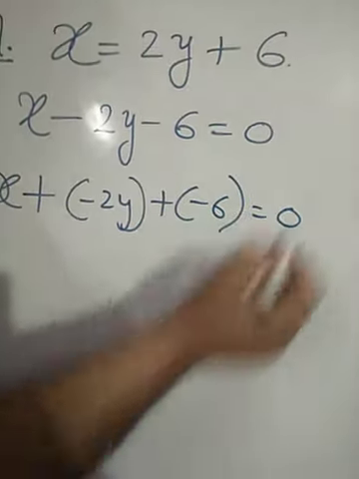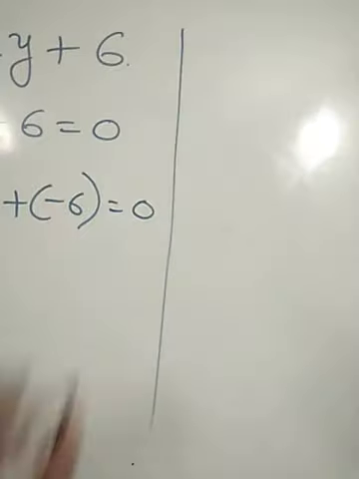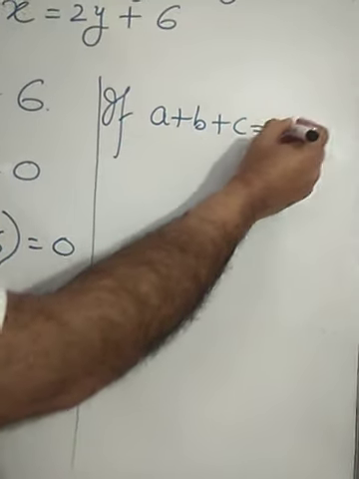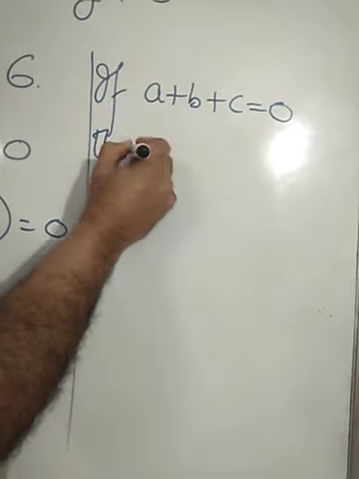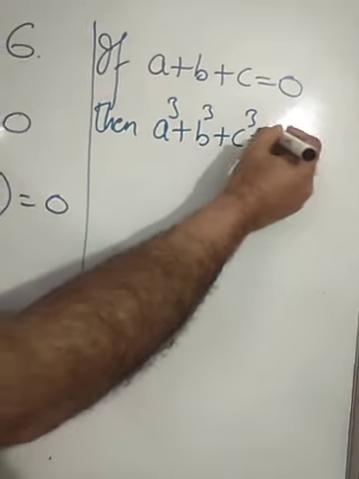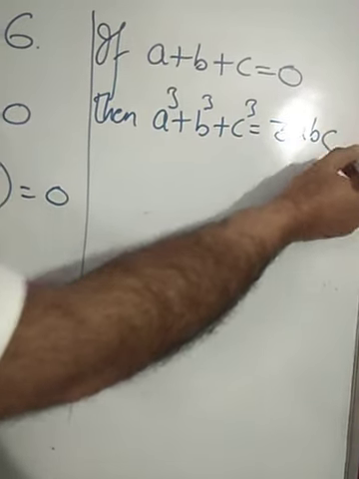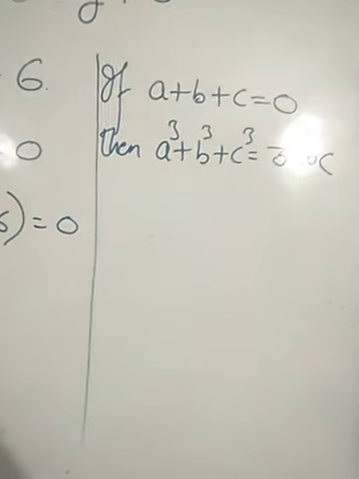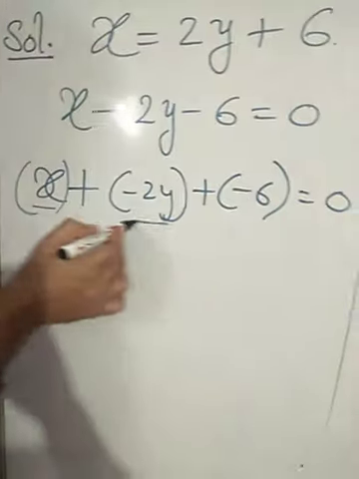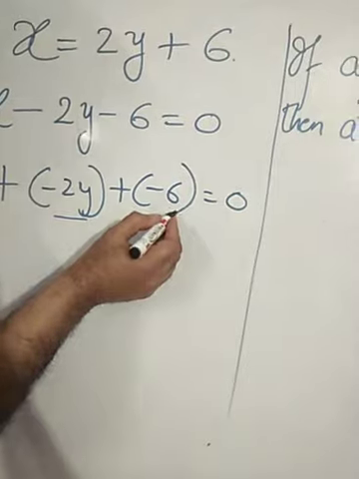The same thing now, again the same identity: if a plus b plus c equals 0, then the sum of their cubes, a cube plus b cube plus c cube, is equal to 3 times their product. Now see, which are the three numbers? First is x, second is minus 2y, third is minus 6.